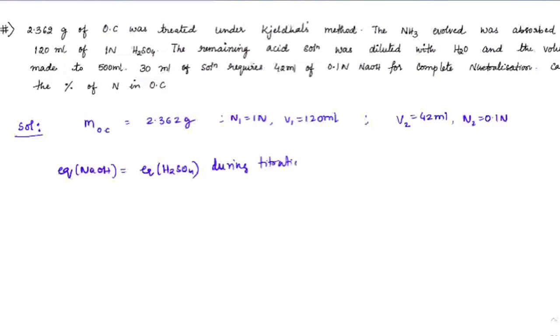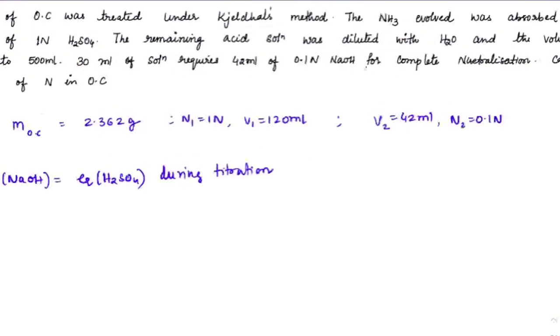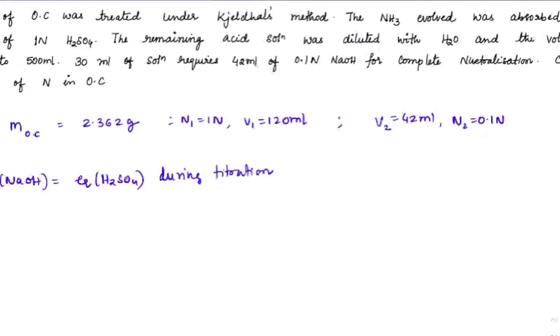Check out carefully here: this is the 30 ml of H2SO4, which is treated with 42 ml of 0.1 normal NaOH. Using N1V1 equal to N2V2, I would be able to calculate the normality to which it was diluted.